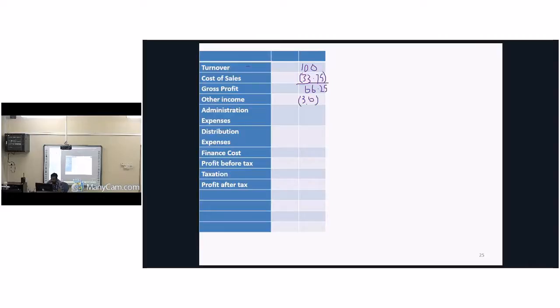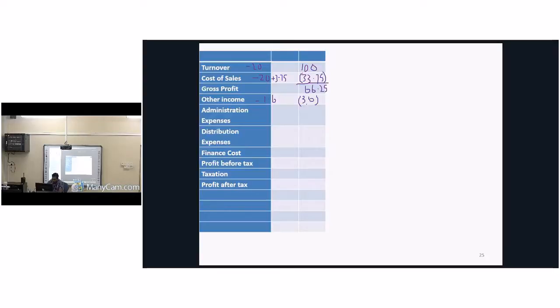I'll write adjustments here. Here I subtracted 20, here I subtracted 20, and I added 3.75, and here I subtracted 1.6. These are adjustments.